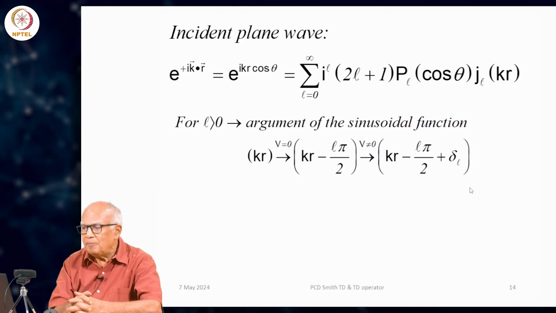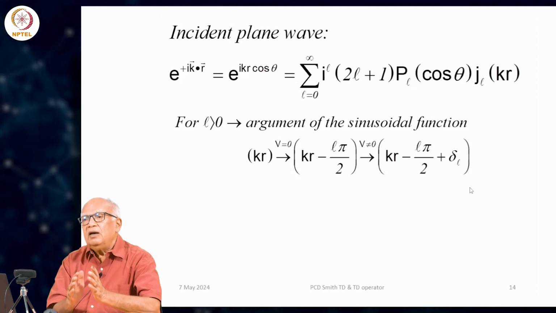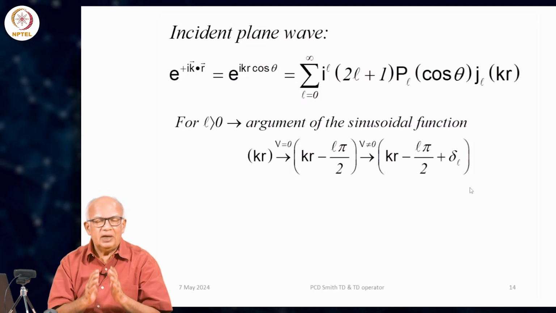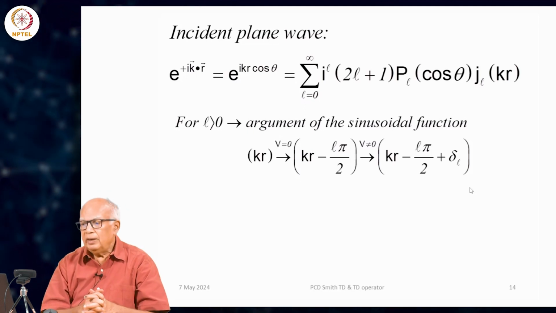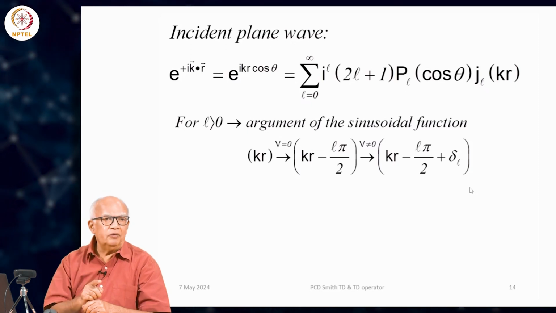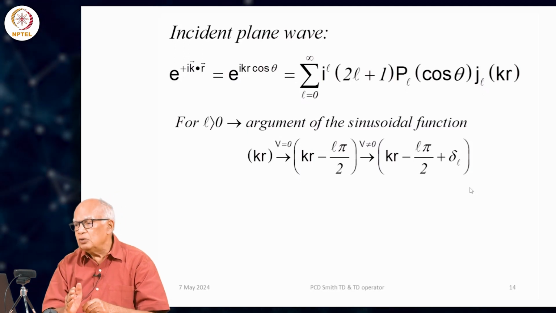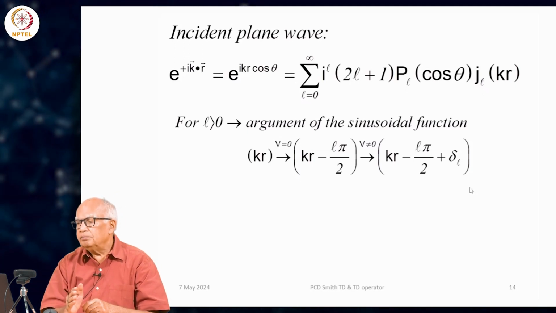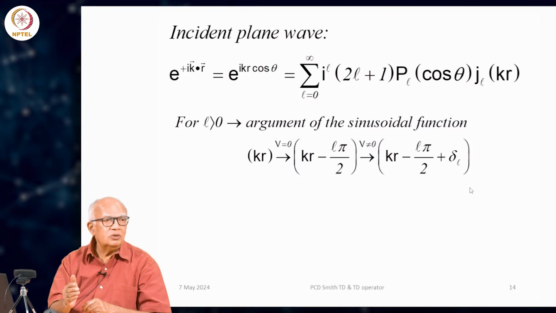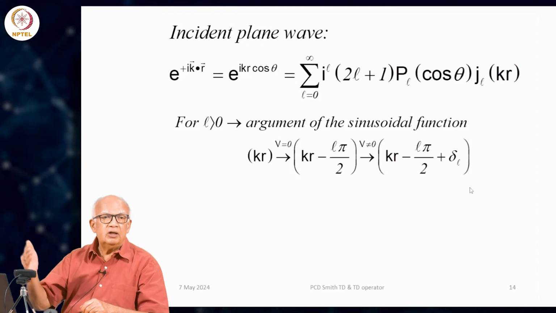You get a sinusoidal function, where the phase of the sine function, theta, is Kr. It drops by pi by 2 for every value of L. So, if L is equal to 1, it drops by pi by 2. If L is equal to 2, it is 2 pi by 2, which is pi. There is a drop of pi by 2 for every additional value of L.